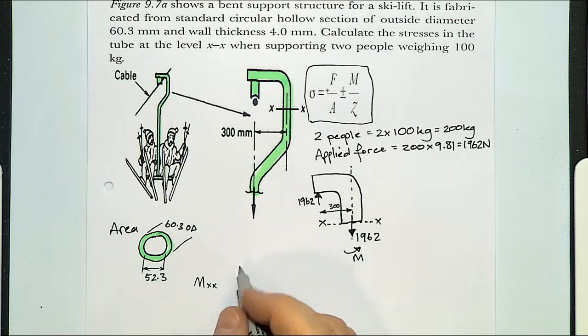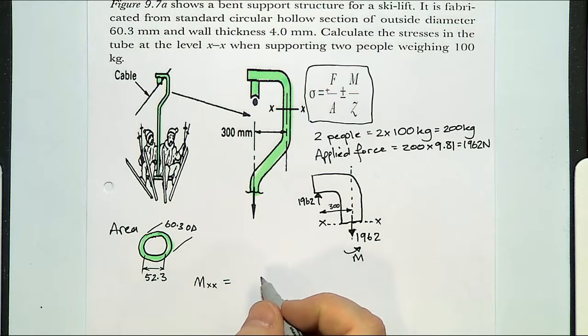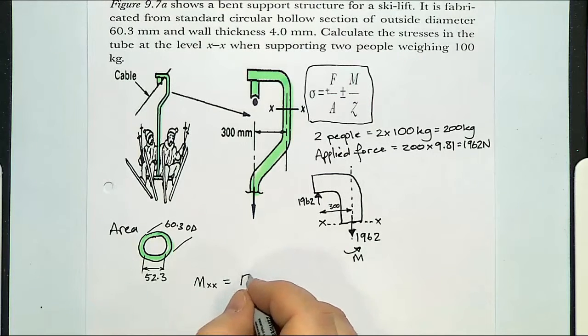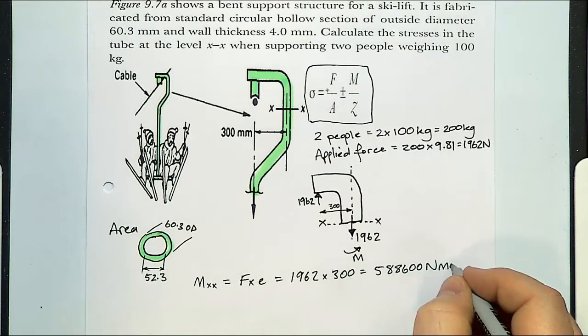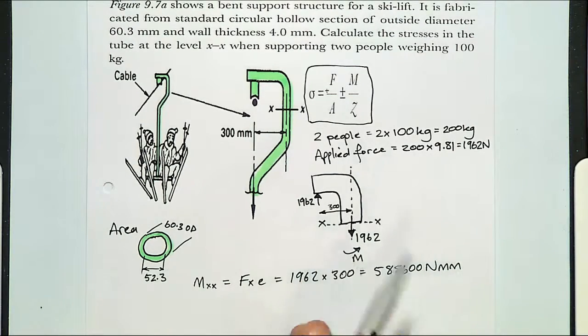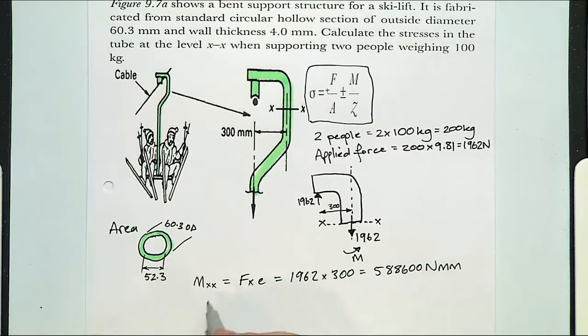Our XX, it's our force times by the eccentricity. The problem is how do we get our Z value? You'd have to look at tables for that.